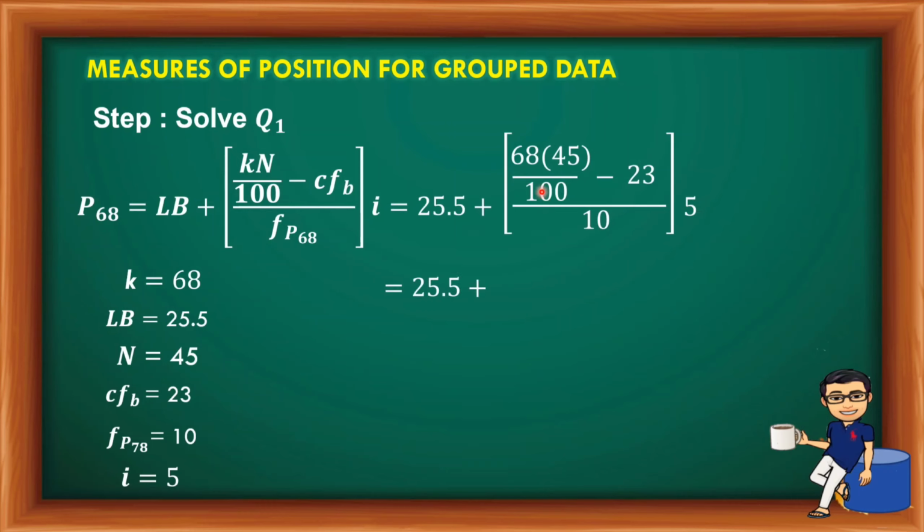Then 68 times 45 divided by 100 is 30 and 6/10, minus 23, over 10, times 5.